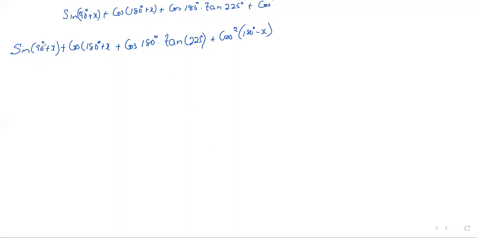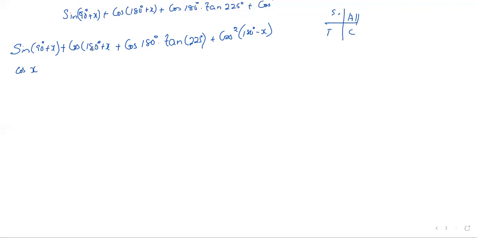Now the sine of 90 plus x is in the second quadrant, sine is positive there. So that becomes the cos of x.